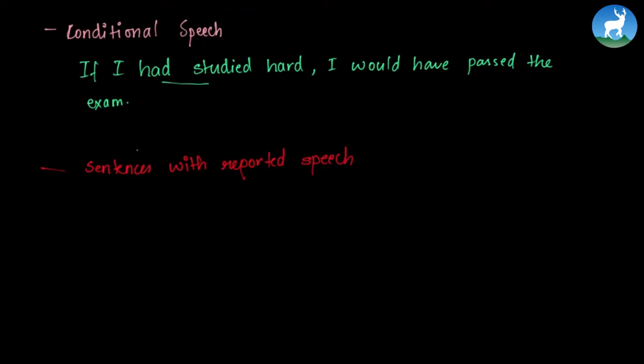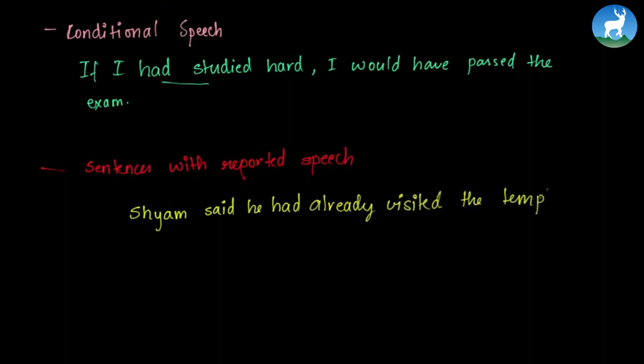For example, Shyam said he had already visited the temple before. So you're telling on behalf of Shyam that he had already visited the temple. This sentence is in past perfect tense, as we can see, and it's a reported speech.